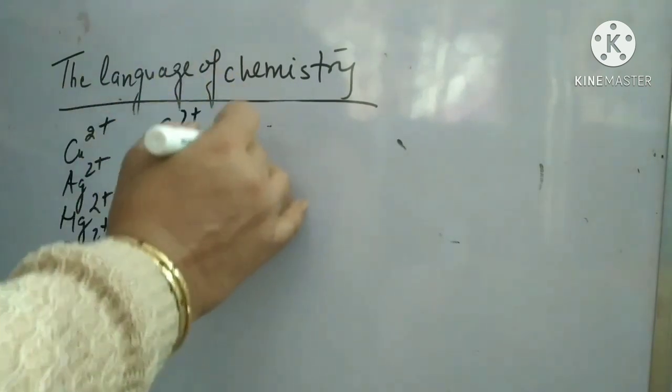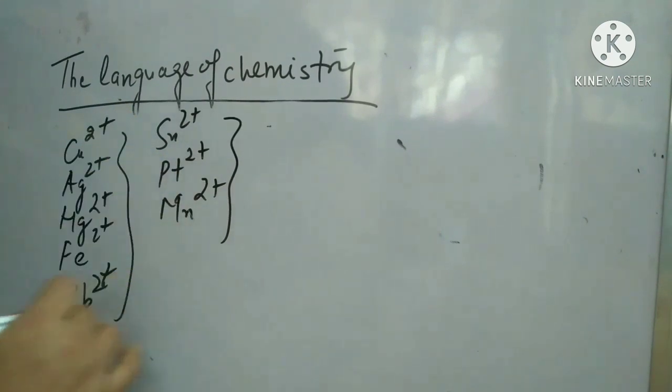So these all elements which show variable valency, they possess 2 plus valency, so they are also divalent elements.